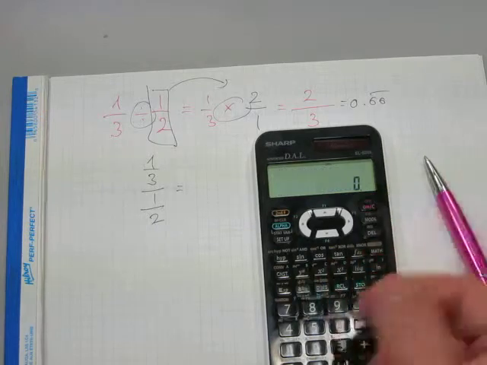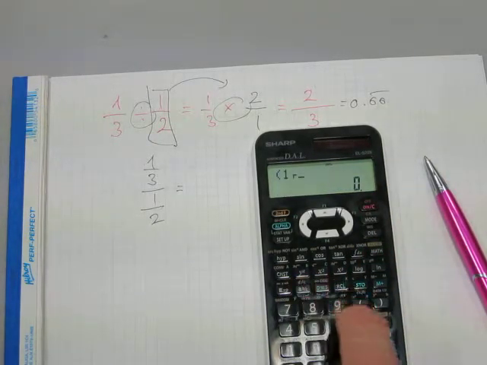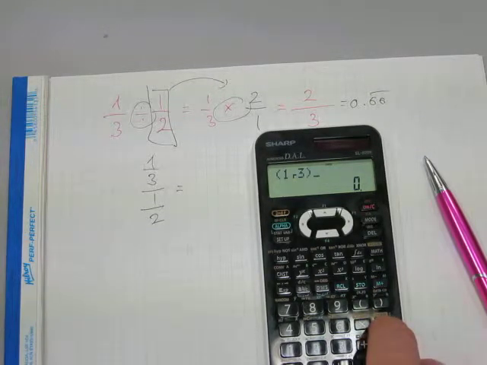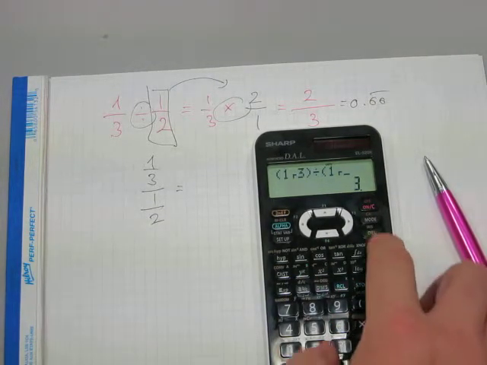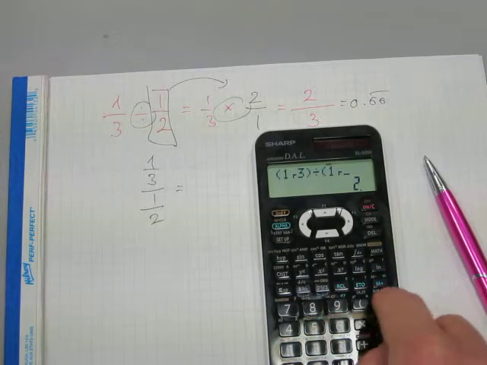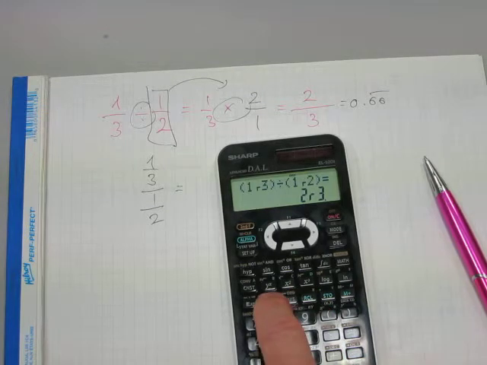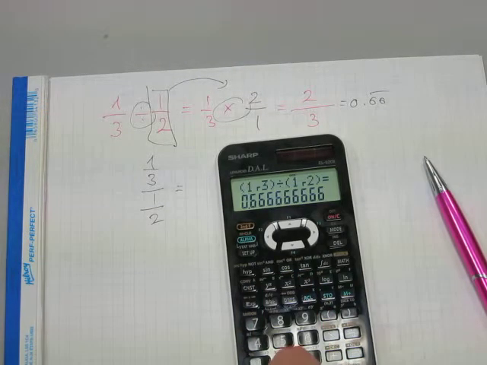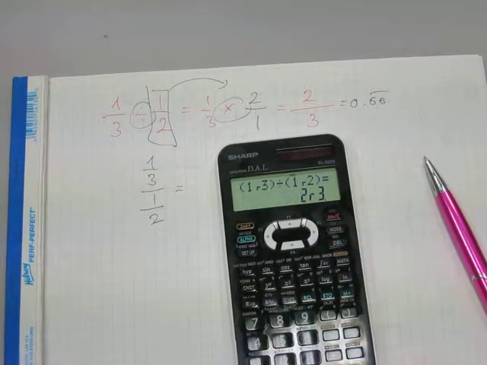If you want a fraction right away, again, you need to bracket the fraction. 1/3 divided by 1/2. Oops. 1/2 equals 2/3. There is 2/3, and when I press the decimal conversion button, 0.666, and back to 2/3.